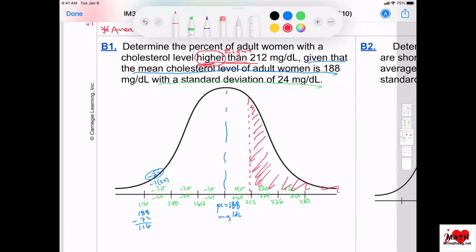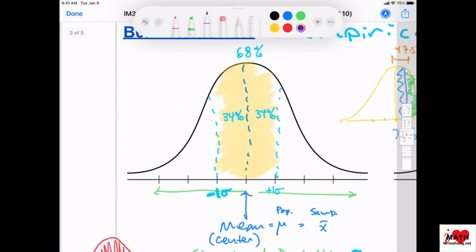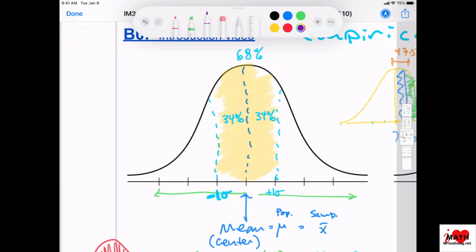The first thing I'm going to notice is that this is at 1 standard deviation. And if you look at the empirical rule, which one of these has only 1 standard deviation? Is it the light blue, 68, orange, 95, or the purple, 99.7? Well, I'm going to focus on that the middle region there is 68.